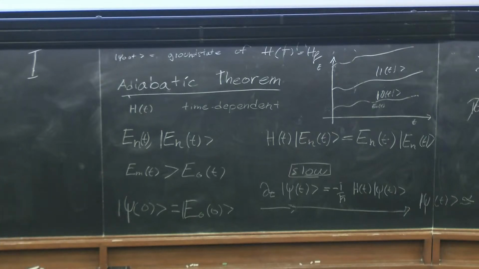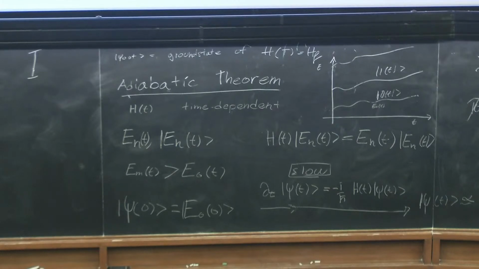So we are going to consider that the Hamiltonian H of t is equal to H of s with s equal to t over the total time. If we want to be more precise, let's say we are evolving with H prime of t, which is equal to this function.